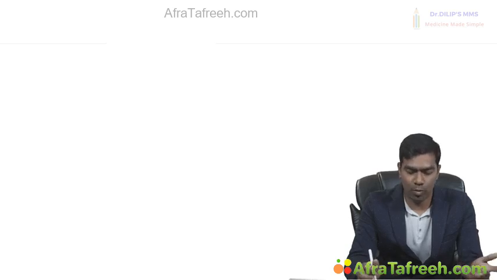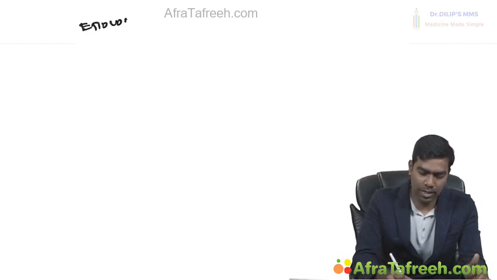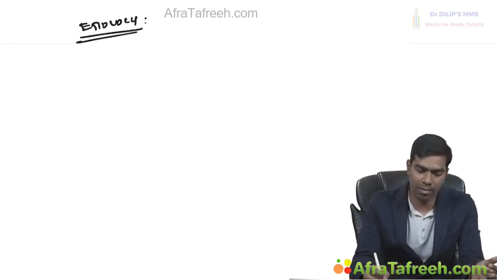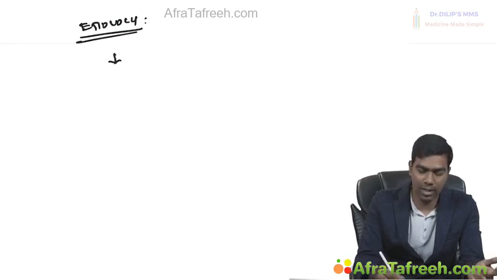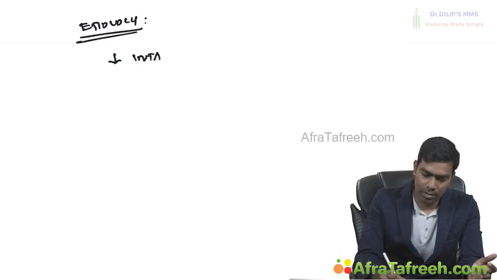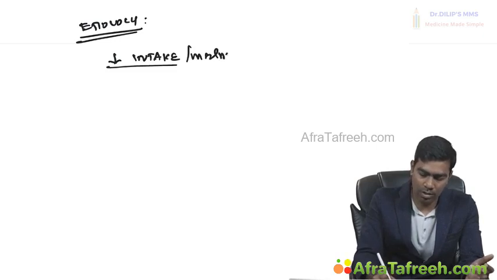So after knowing the functions of B12, let us see what are the etiologies of B12 deficiency. What could be the reason for getting a B12 deficiency? If you ask me the etiologies of B12 deficiency, I can divide them into three. First one is reduced intake, or malnutrition.